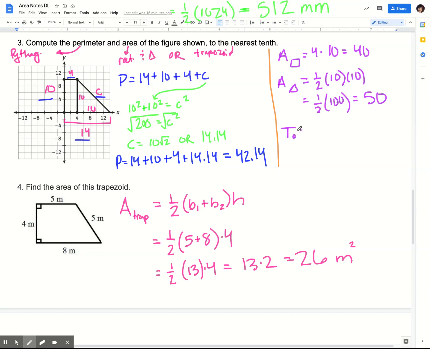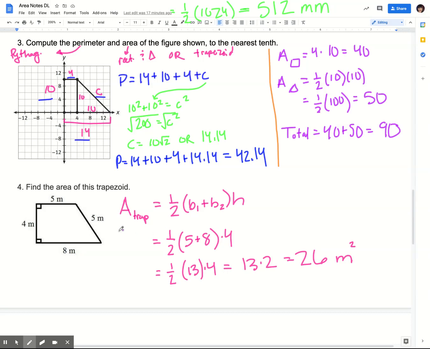My total area is the sum of those two, 40 plus 50, which is 90. Again, this is one of those cases where you have to be careful, because obviously it's not 90 spaces in here. Remember, each square here doesn't have an area of 1, because of the units on the x-axis.